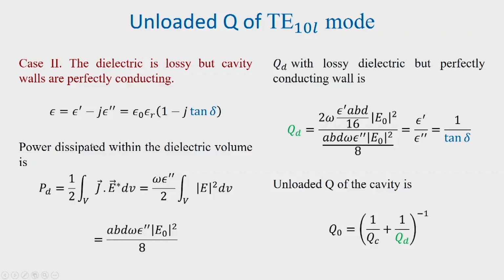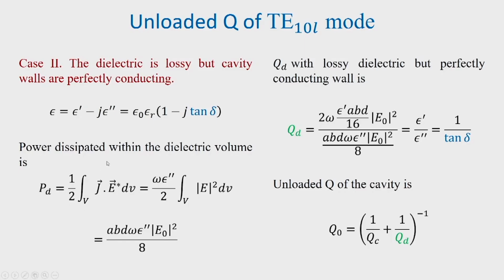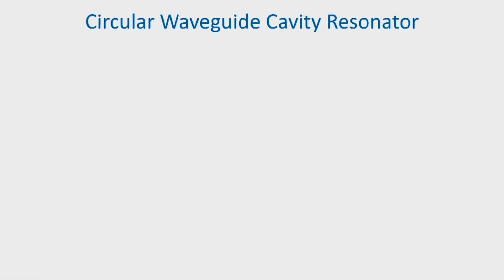So, we can find the overall unloaded Q naught, as we have seen in the earlier case. 1 by Q naught will become 1 by Qc plus 1 by Qd, and therefore, Q naught will be 1 by Qc plus 1 by Qd whole raised to the power minus 1.